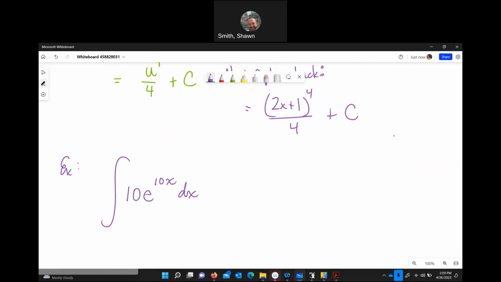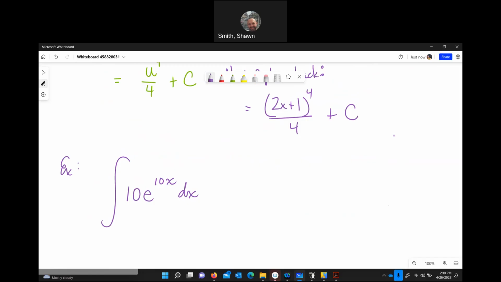All right, so again, this is a composite function: 10 times e to the 10x. The first thing you would have to do is figure out what that exponent would evaluate to if you were to put something in for x, and then it's e to that, and then it's times 10. The 10, put that out in the front, it's a constant, right? So see if you could do the substitution.